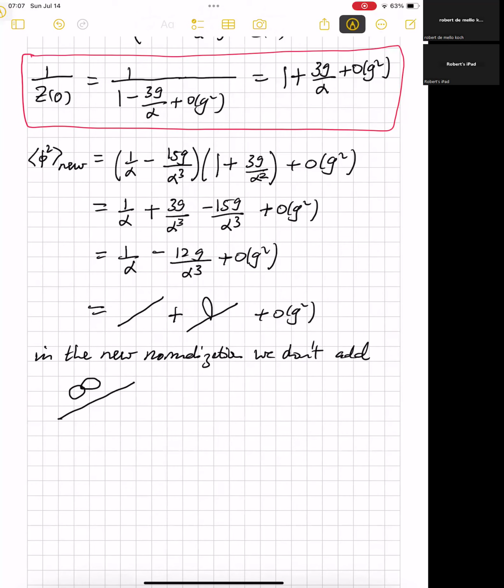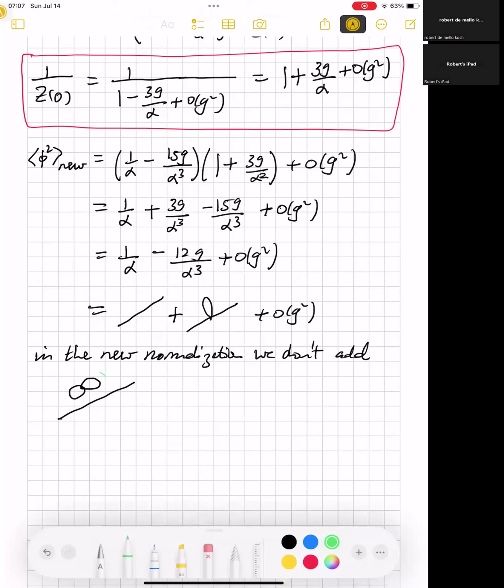Now, notice something. This diagram has a disconnected piece. So that sitting over there is a completely disconnected piece. It doesn't connect to anything, okay?